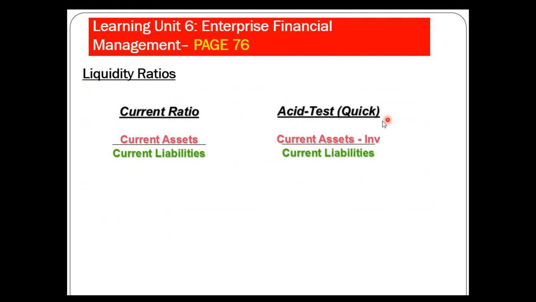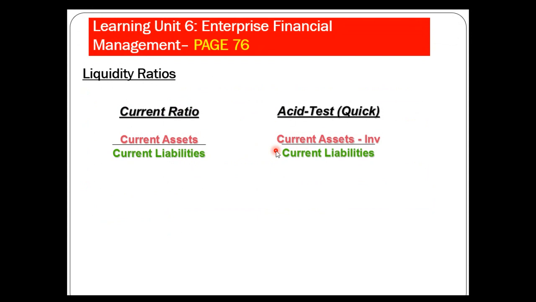The other ratio is called the acid test or quick ratio. This ratio is similar to the current ratio. As you can see, you just have to take the current assets, you minus the inventory, and you divide by what? The current liabilities. Remember, the financial statements will be given to you so that you can extract this information.